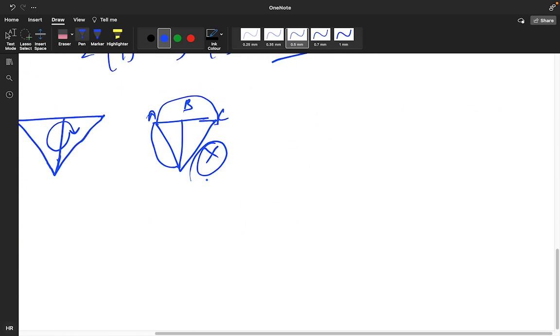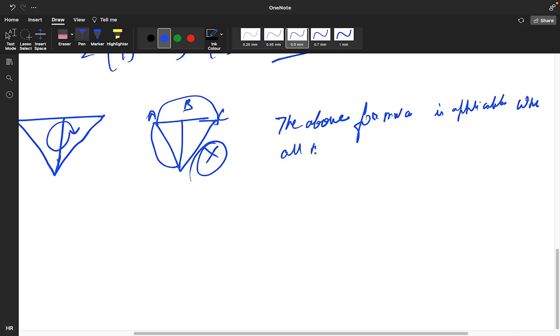Write it down: the above formula is applicable when all the nodes are connected together at least once and only once.